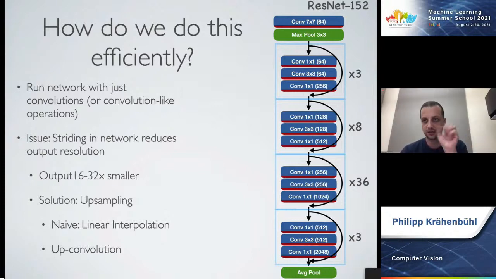Right, but now let's go back to how we do this dense classification efficiently. What we can do is take a residual network that we used before and look at it.